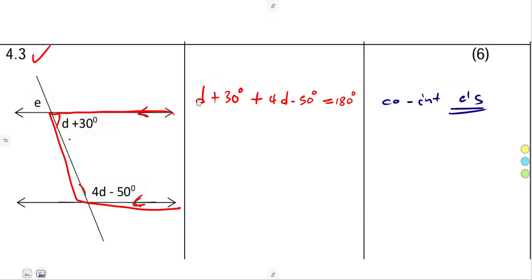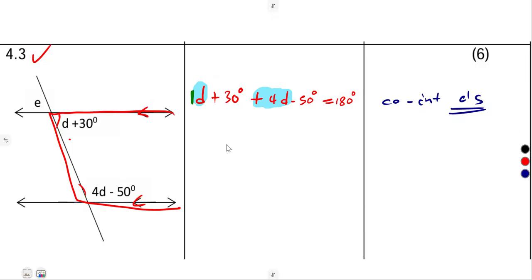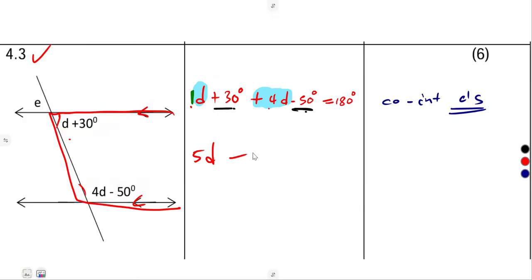Let's solve. There is a D here and there's a 4D. Collect your like terms. So that's 1D plus 4D, which is 5D. And there is a 30 and a minus 50. So 30 minus 50 is a negative 20, or use your calculator. So we have 5D minus 20 degrees equal to 180 degrees. Let's solve for D by adding 20 to get rid of the minus 20.